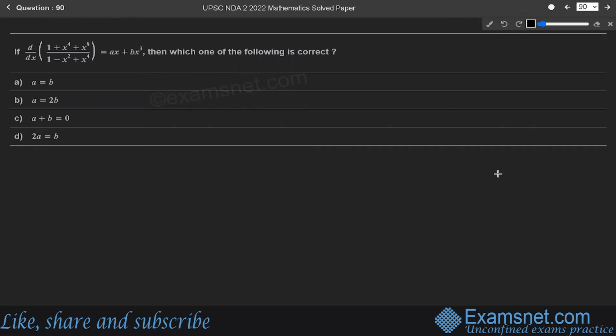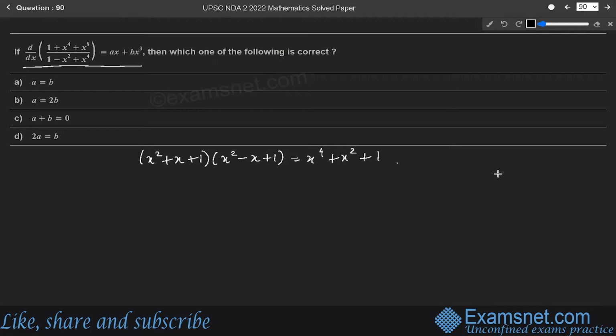Next question is: if d by dx of 1 plus x to the power 4 plus x to the power 8 upon 1 minus x square plus x to the power 4 is equal to ax plus bx cube, then which one of the following is correct? We know that there is a concept that whenever we see x square plus x plus 1 into x square minus x plus 1, it is always equal to x to the power 4 plus x square plus 1.